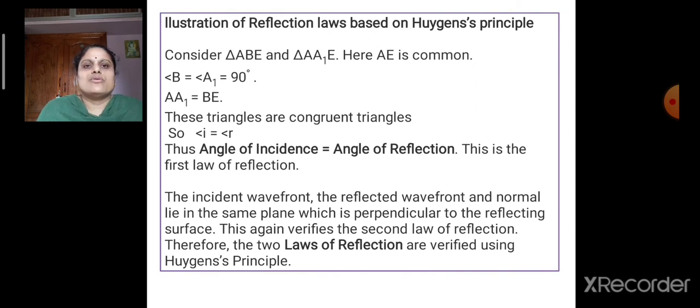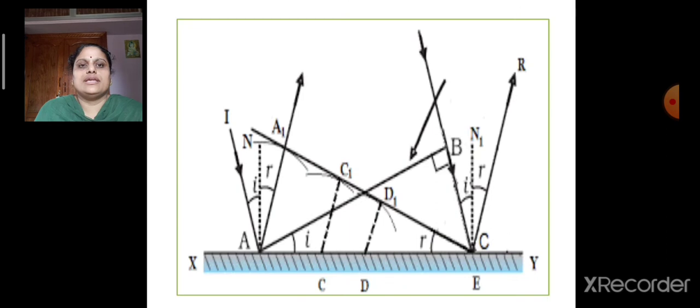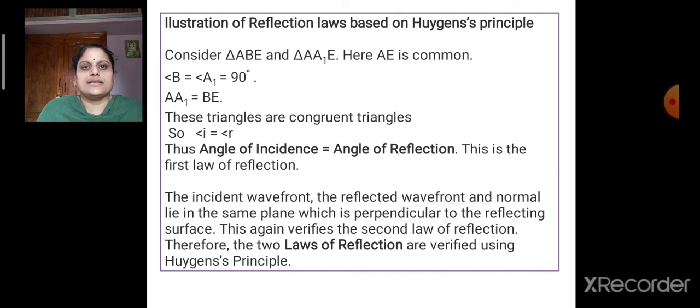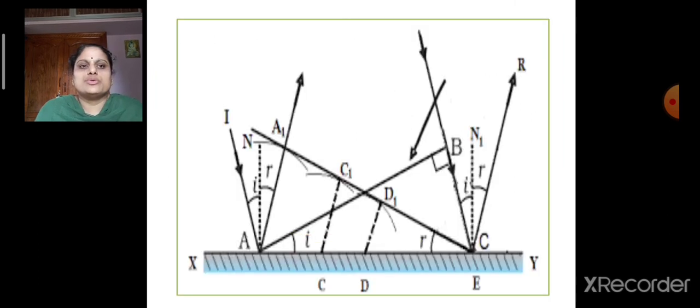So, taking triangles ABE and AA1E, we can see that these two triangles are right angled, and AA1 is equivalent to BE.